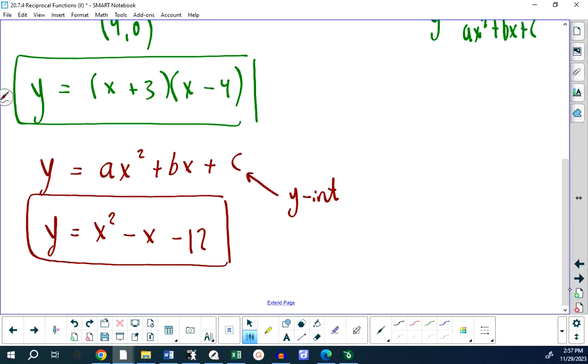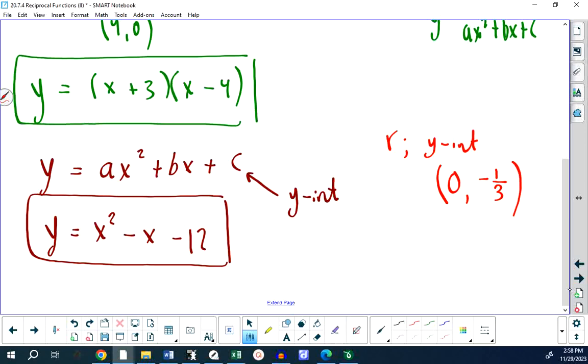I just want to finish off with one comment. And this is, I think this is a fair Math 20 question, even though it's kind of a Math 30 idea. What if I told you that the reciprocal function had a y-intercept of that?